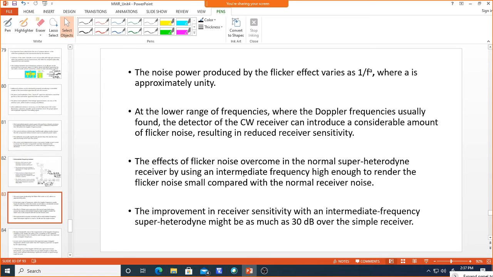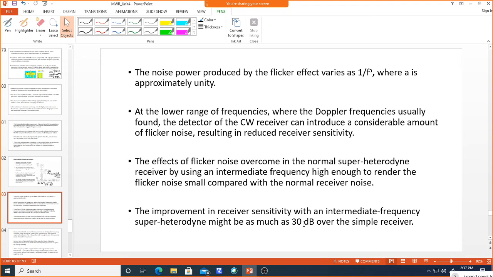If you don't use the RF to IF conversion, then the problem is flicker noise. So if you want to reduce the flicker noise, then you have to use the RF to IF conversion.